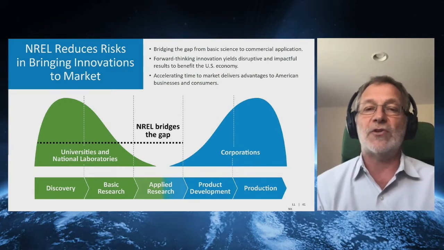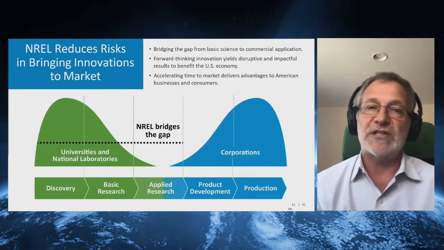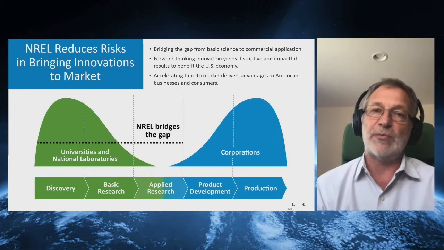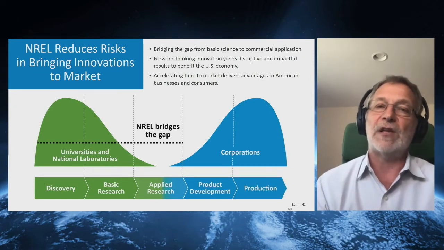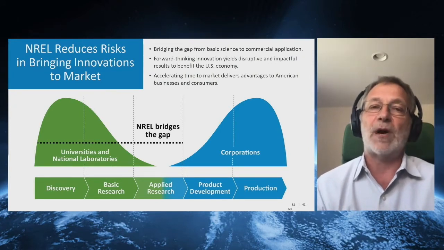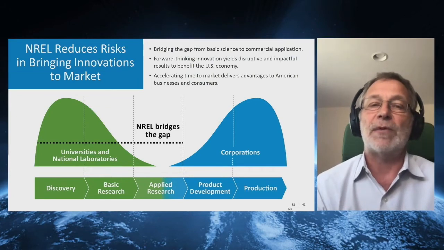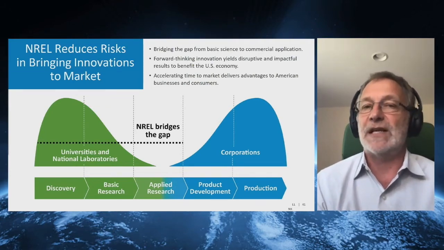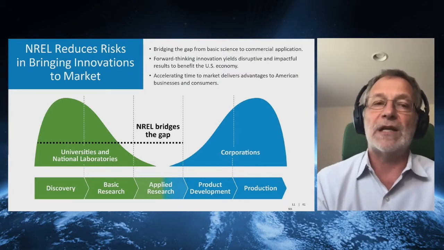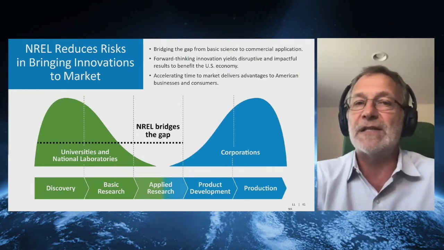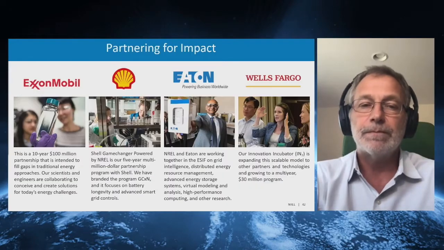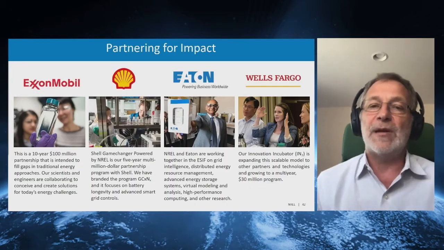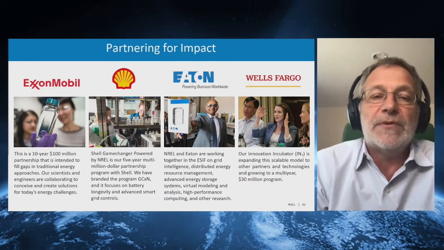This means research is wonderful, but research is just the beginning. We have to find ways to bring research to the market. We have to deploy the research into the marketplace. This is where we need collaboration with corporations, startups and established companies to bring these new ideas to the marketplace and to the consumers. So we have a couple of very big and impactful partnerships.